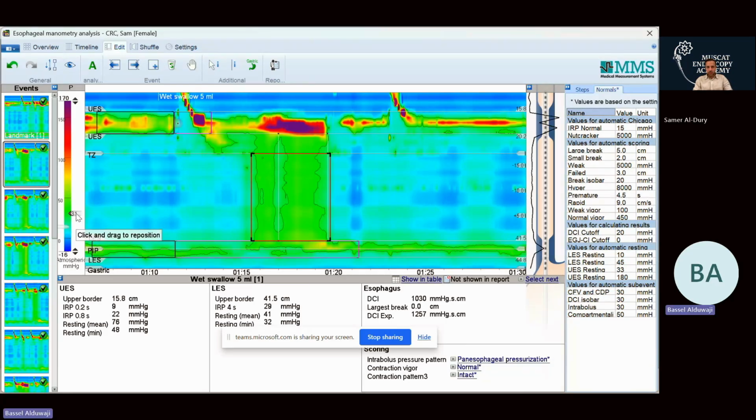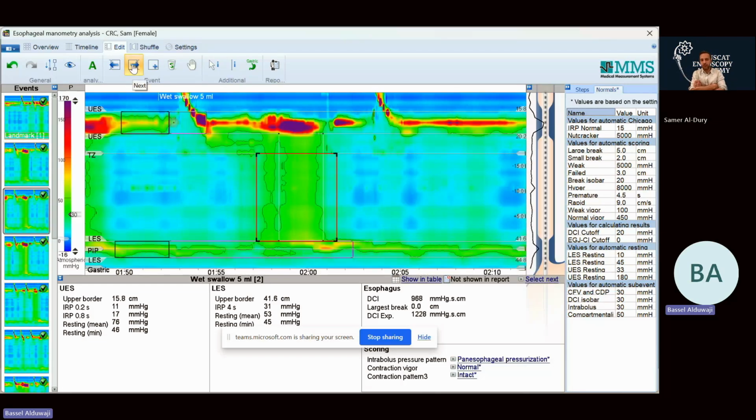If it is 20 or above, maybe the pressurization is not clear, but 30 is the cutoff to make sure it's achalasia. Okay, very clear, achalasia type 1. And as we said, the classification should be based on more than 20% of swallows.